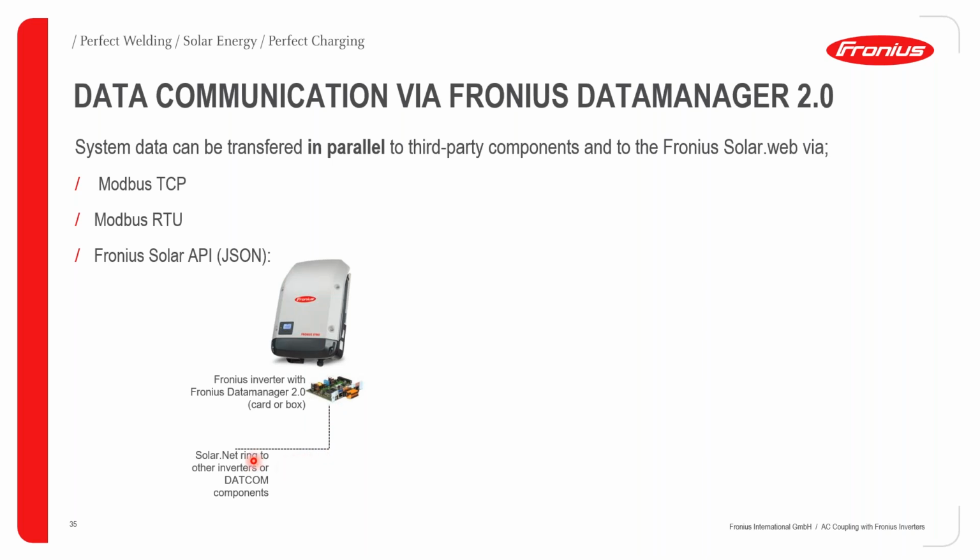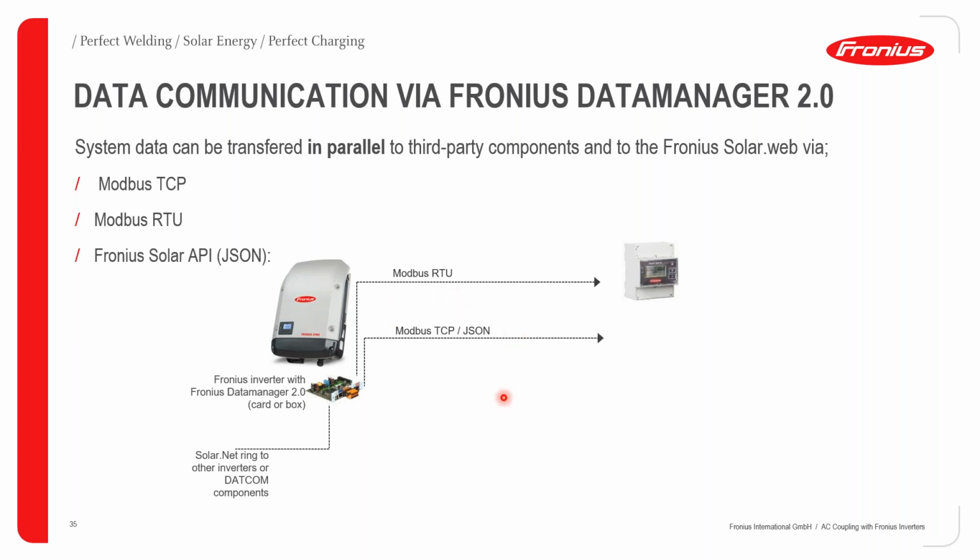So just to put it in perspective, we can have connection to our SolarNet ring. If you have multiple inverters, beg your pardon, you'd have to connect them via a SolarNet ring. Then we can have this setup connected to our smart inverter via the Modbus RTU.